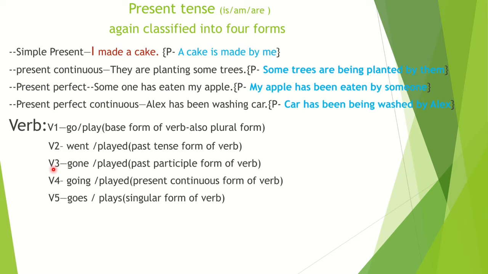Now, the third form of the verb is gone or played. I have written here both irregular and regular verbs. Verb 3 is the past participle form of the verb. This is the most important, which is related to our today's topic, that is present tense, how to make passive voice.